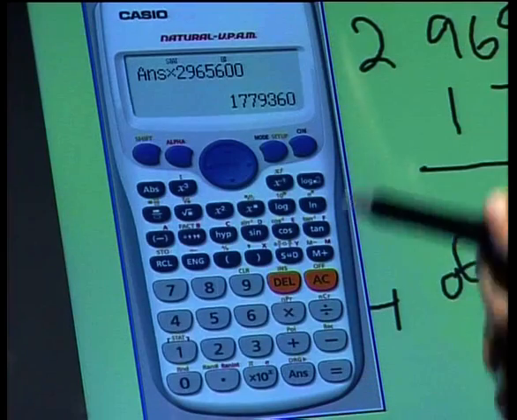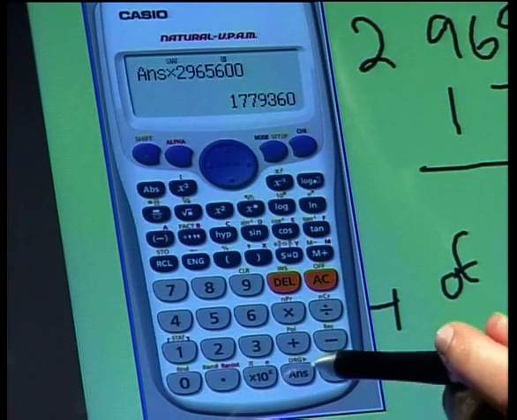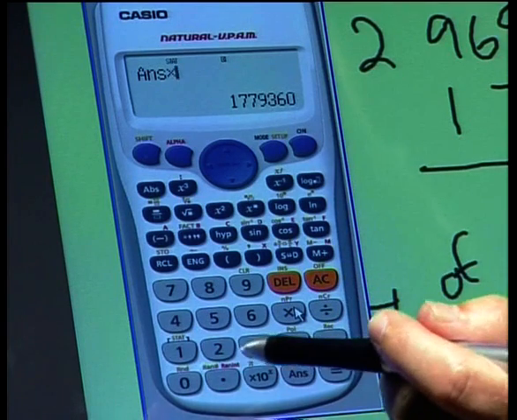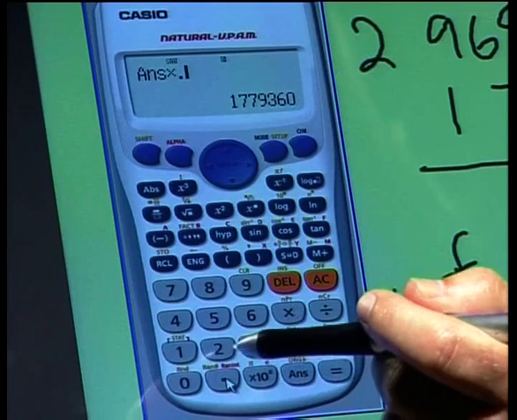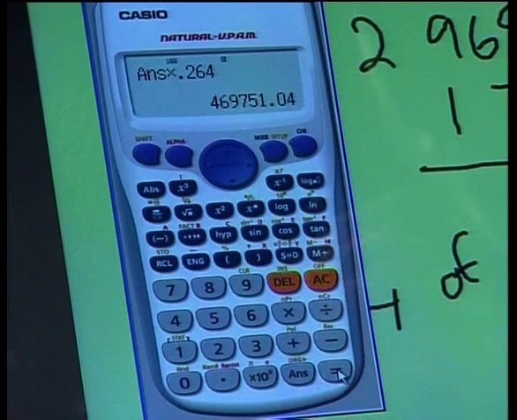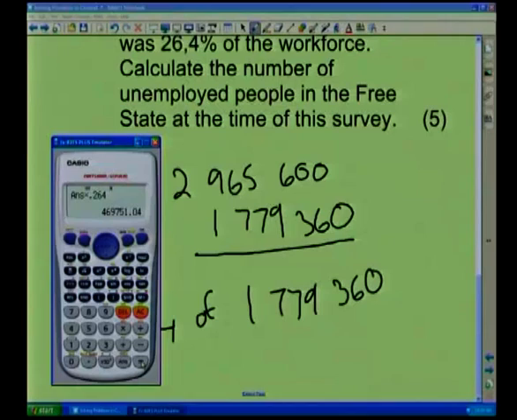Going back to the calculator, I'm just going to use that answer and multiply it by 26.4%, which is 0.264 as a percentage. And that gives us a total now of 469,751.